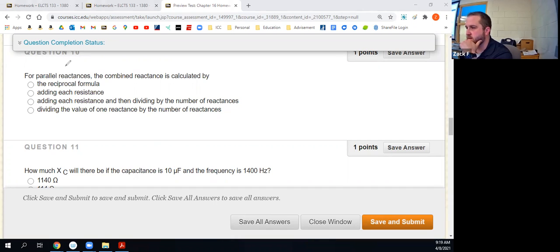The key word I just said is reactance. The key word is reactances. This is an ohmic value. So you can kind of think of it in the same way as it's a resistor. So for parallel ohmic values, parallel resistances, we use the reciprocal formula, right? You can't just add them because they're in parallel.